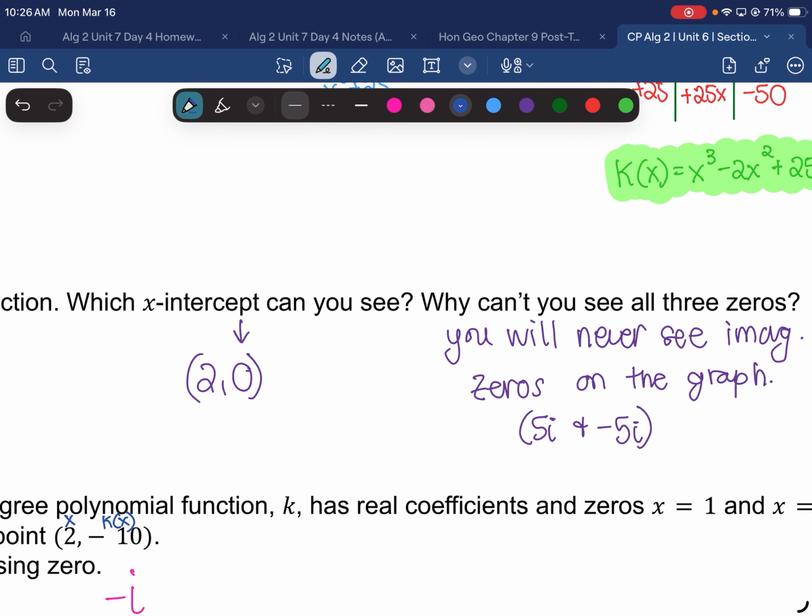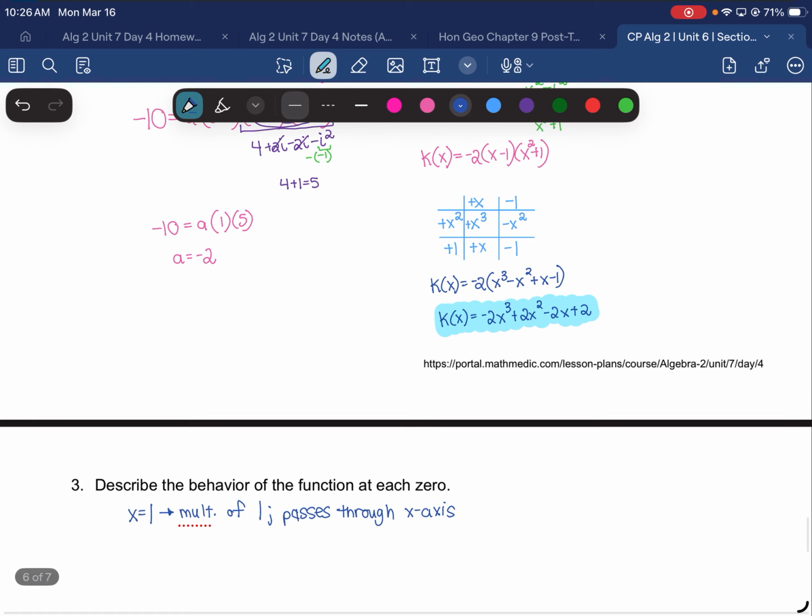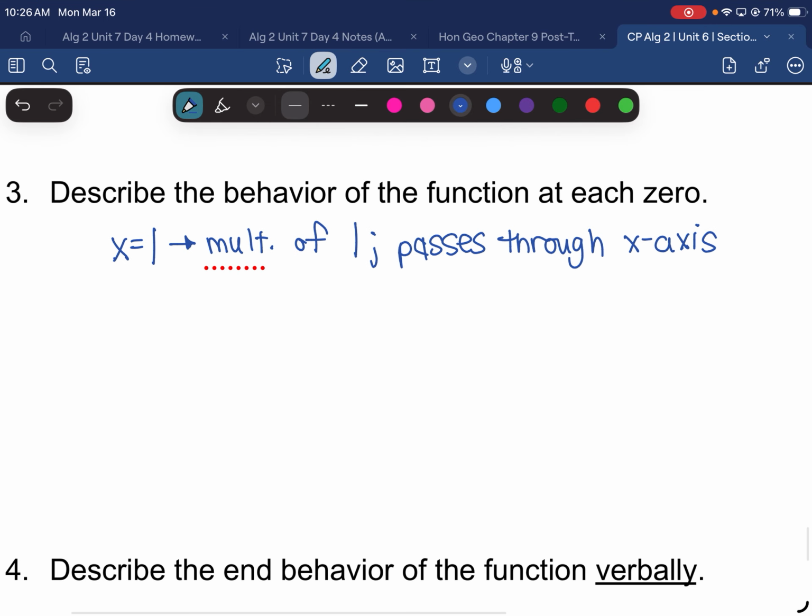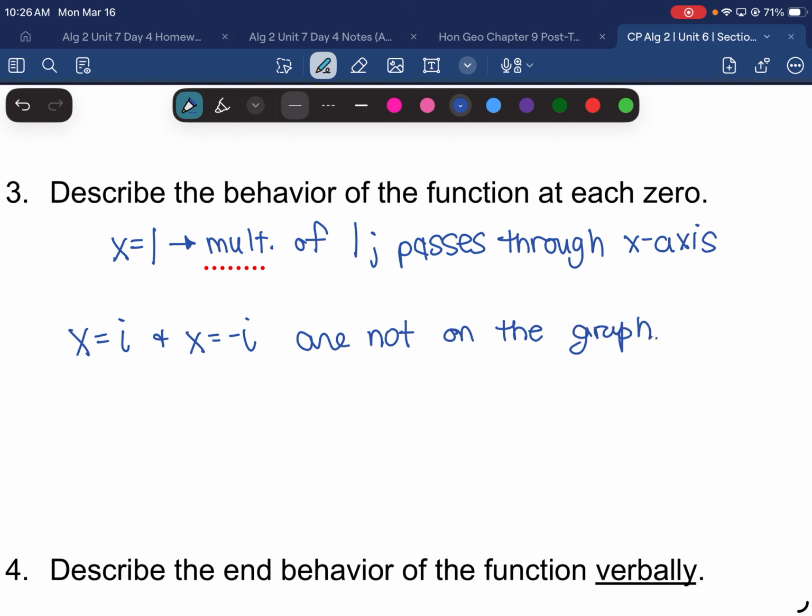If I'm asking you to describe what's happening on the graph, there's nothing. That's really all I need. You can put x equals i and x equals negative i are not on the graph because they are imaginary.